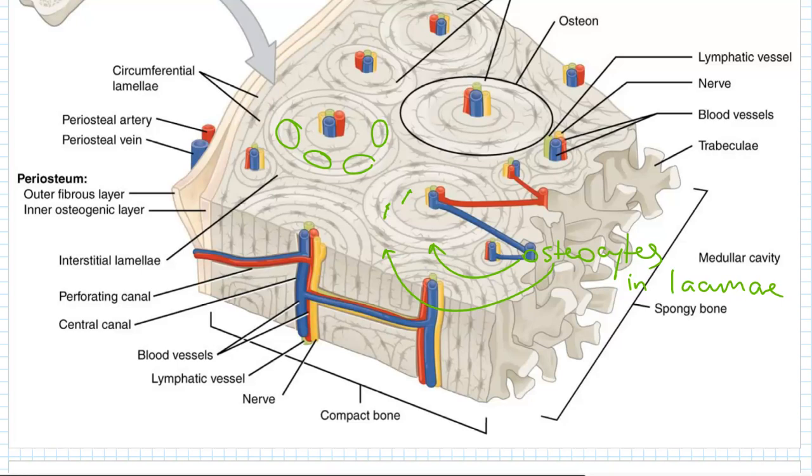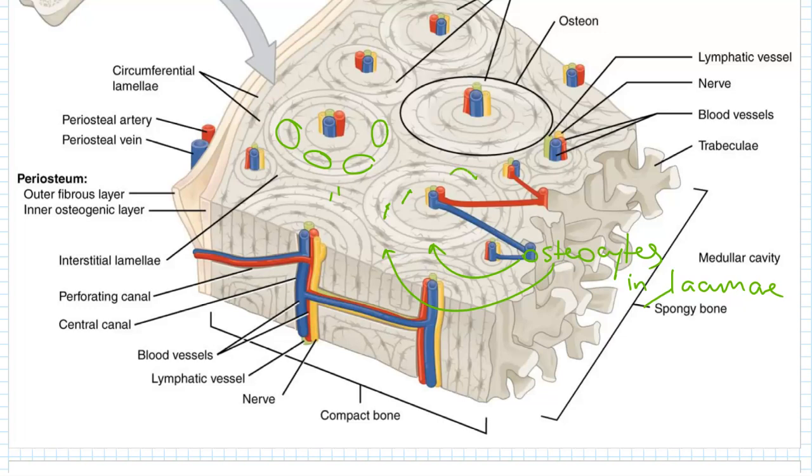Now, as we discussed before, osteocytes extend projections to communicate with other osteocytes. So these projections have to be within some kind of channel. I can't enlarge the image.